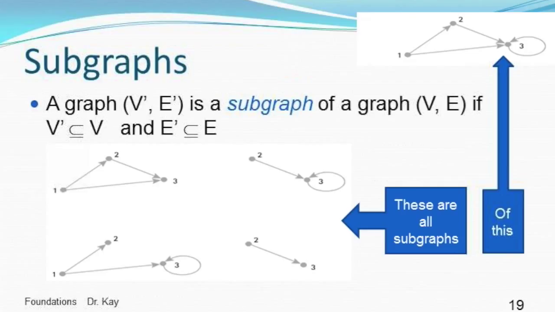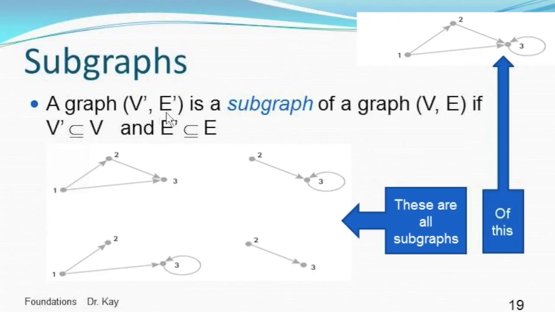There's also a concept of a subgraph. So here's the definition, a graph. And here's a graph. Remember, now our graphs are just a pair. In this case, I'm calling the pair V prime, E prime. I could have called it something else, but we need to talk about two different graphs here, the subgraph and the graph. So we'll call the subgraph V prime, E prime.